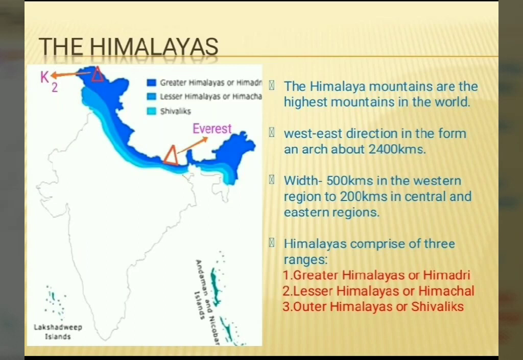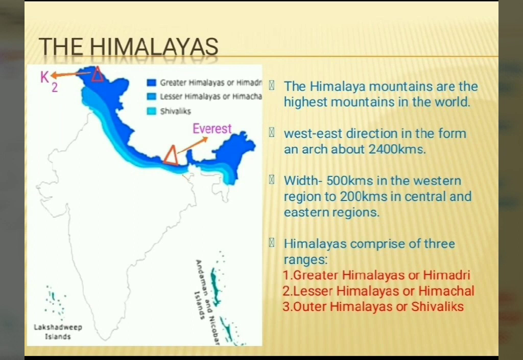The Himalaya mountains are the highest mountains in the world. The Himalayan ranges run in the west to east direction in the form of an arc about 2400 kilometers. Their width is 500 kilometers in the western region to 200 kilometers in central eastern regions.